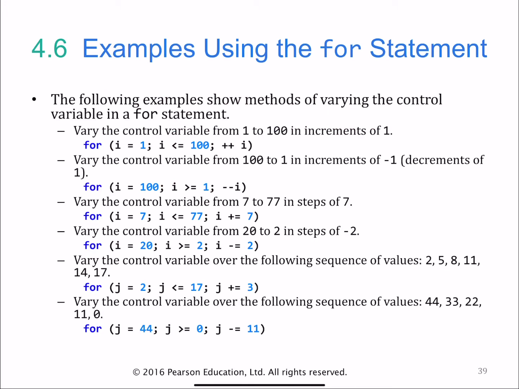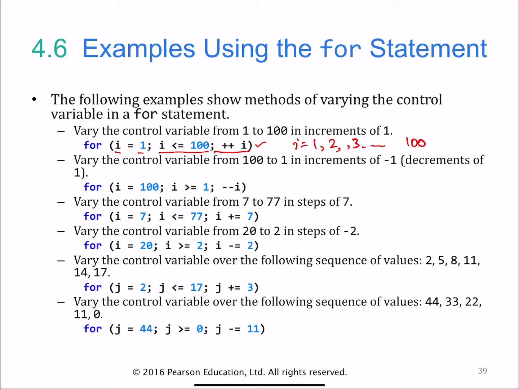Here's some more examples. The increment that you perform in the third argument of the for loop statement doesn't necessarily have to be an increment by 1. So in this example over here, this is a loop that will initialize I to 1. It'll keep running as long as I stays less than or equal to 100, and in between we increment I by 1 every time. So this is basically a loop that will run with I equal to 1, 2, 3, up to 100.